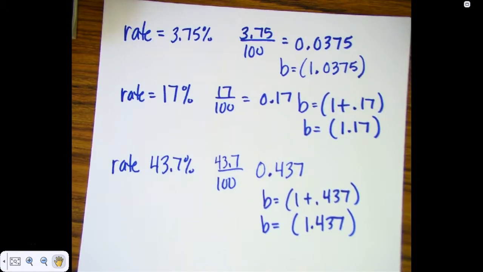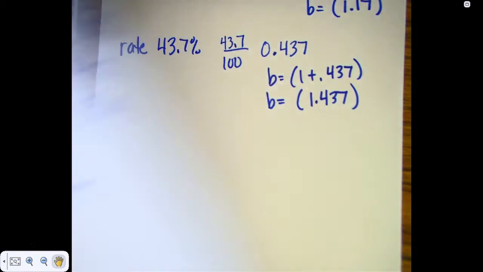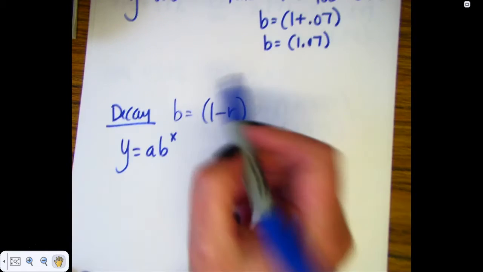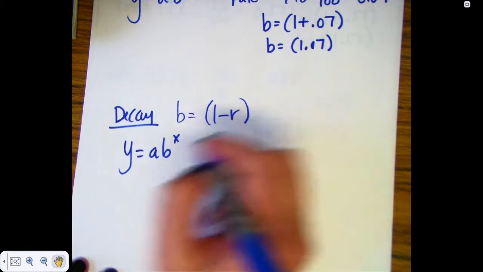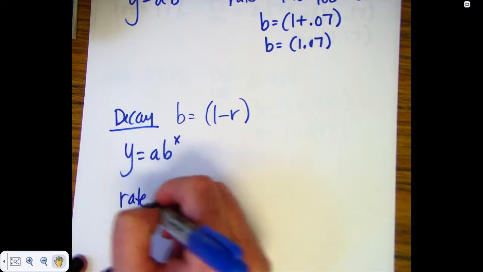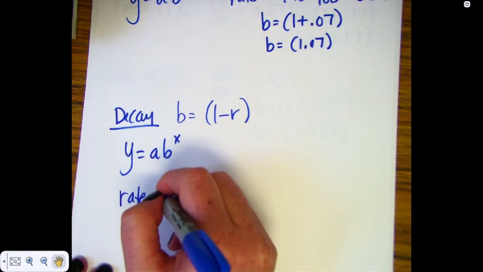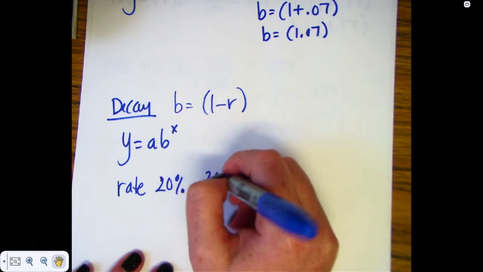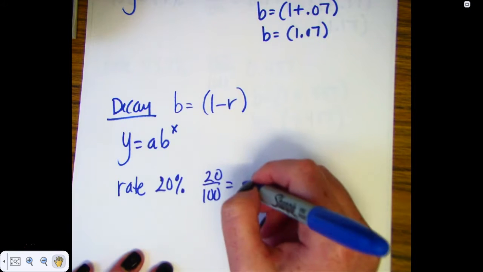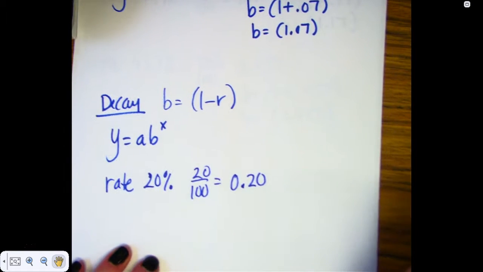Now, decay is different. Decay means you had 100%, and you're losing some. So let's say my rate of decrease is 20%. That's 20 divided by 100, which is 0.20.